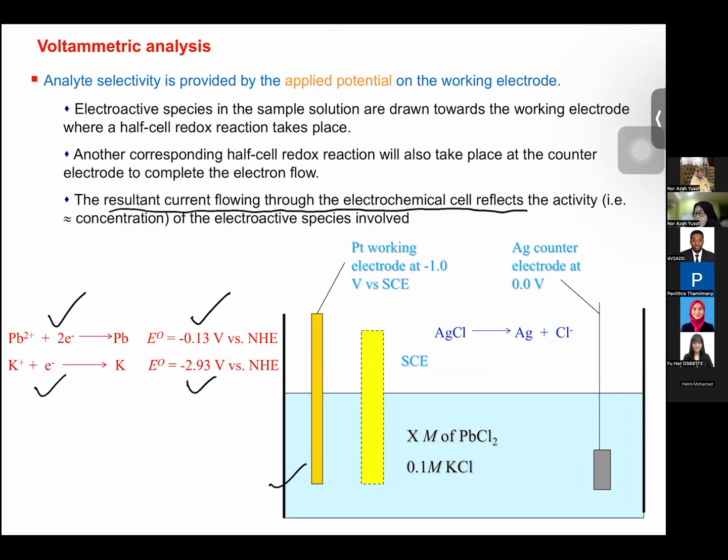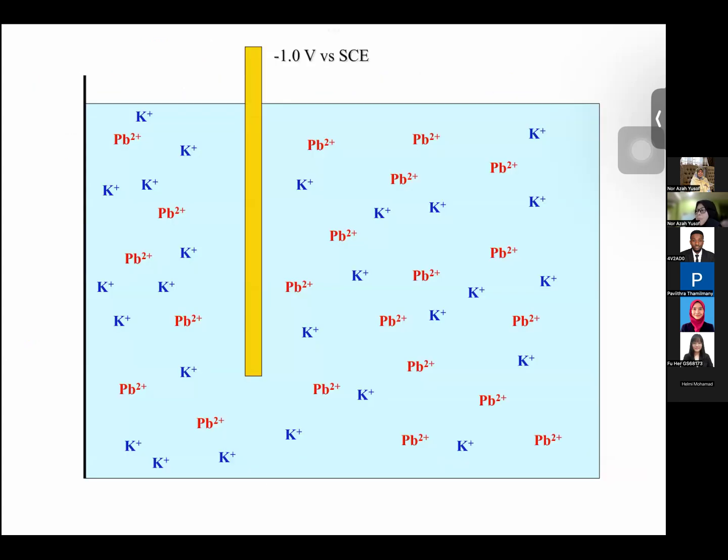So this is the basics, that we can start giving potential so that one of these chemicals will be reduced. I think you remember that the more negative or the more positive will be reduced first or oxidized. You have to read back. The value of reduction potential will determine which ions will be reduced first. Right, so let's look at what happened.